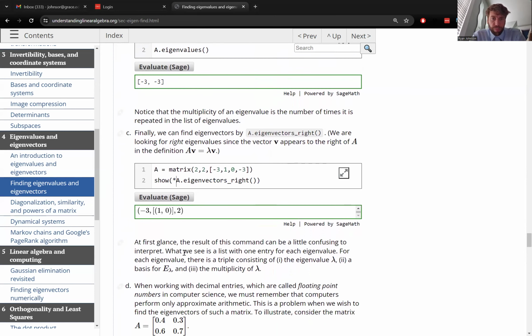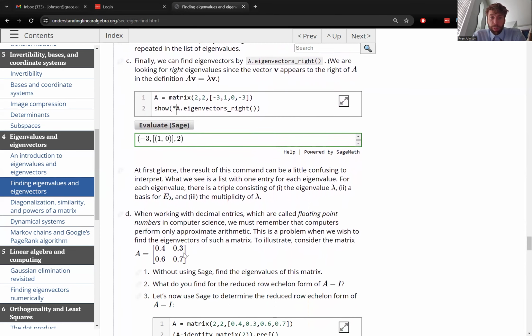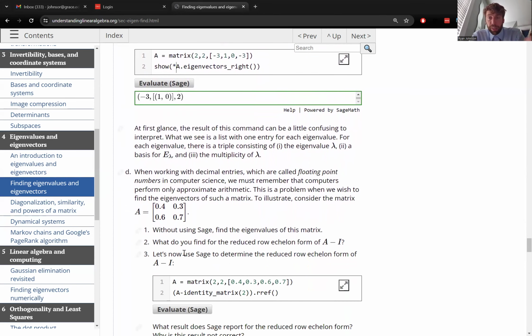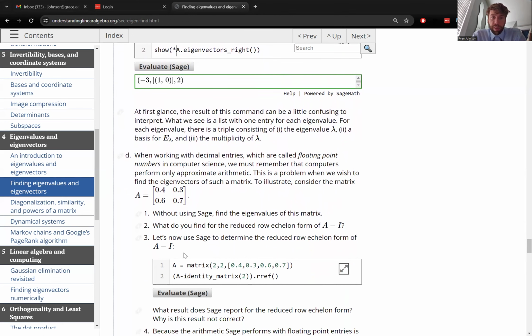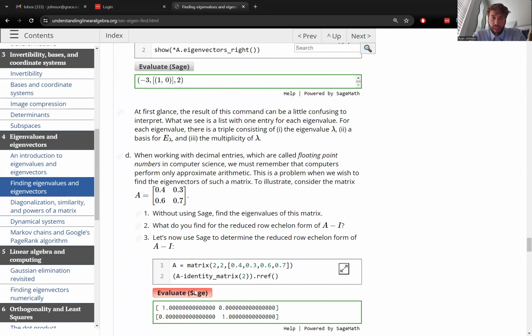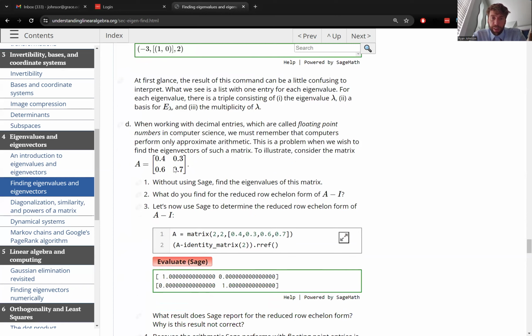Now that was working with nice integers. But what happens with a discrete linear system, like the example from 4.1? In that case, you'll have A like that. This matrix's eigenvalue is 1.